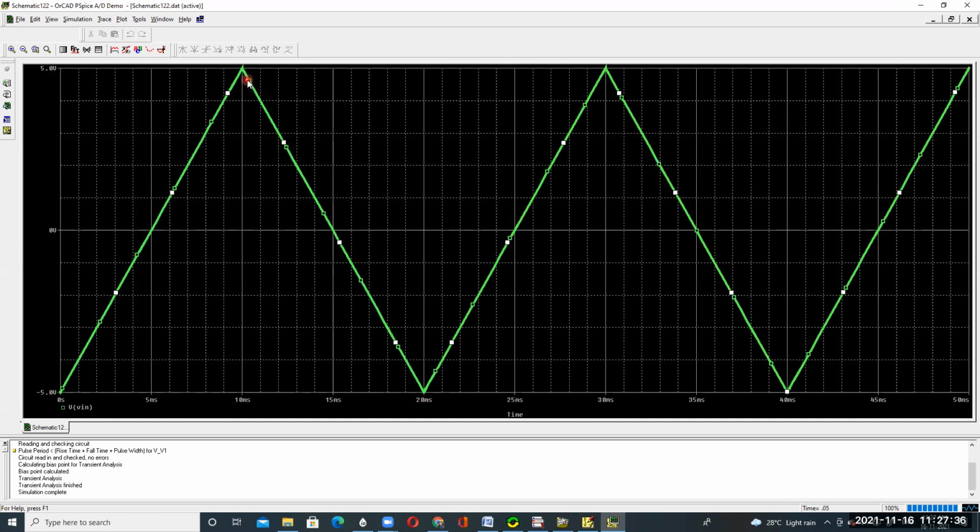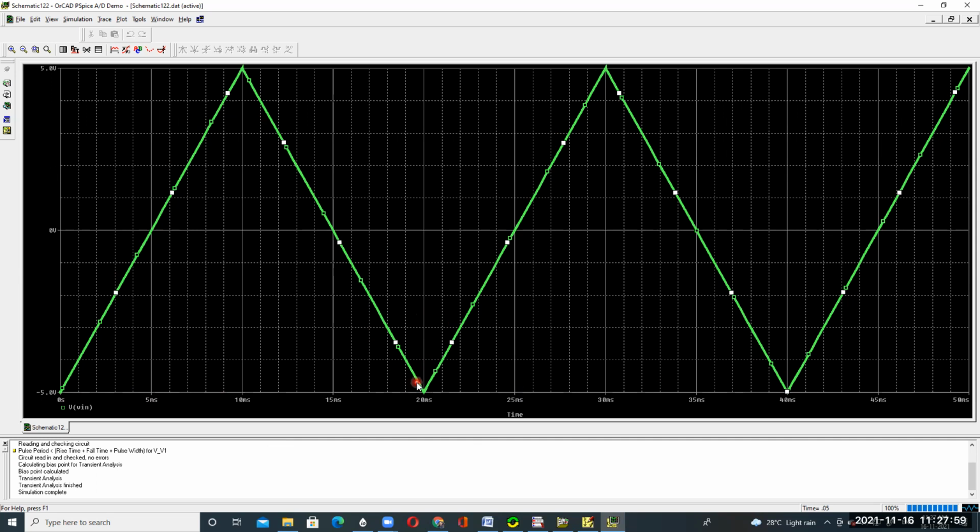The pulse repetition is 20 milliseconds. After this pulse, another pulse will start. After 20 milliseconds, another triangular waveform is generated like this, and the pulse width between one pulse and another is very small, 0.01 nanoseconds.